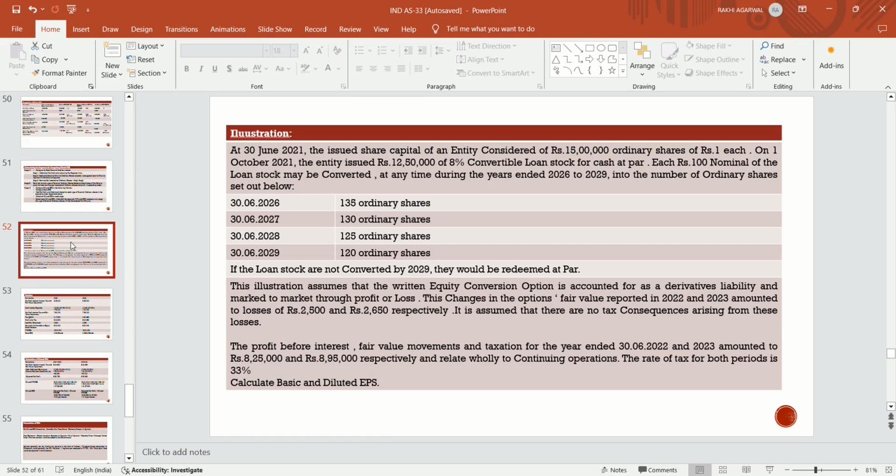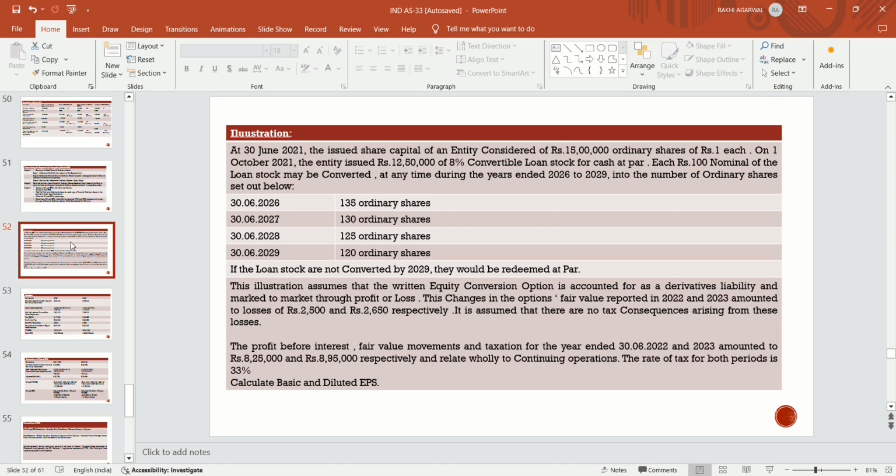At 30 June 2021, the issued share capital of an entity consisted of rupees 15 lakh ordinary shares of rupees 1 each. So rupees 15 lakh ordinary shares of rupees 1 each means the number of shares is 15 lakh only. On 1st October 2021, the entity issued rupees 12,50,000 of 8% convertible loan stock for cash at par.